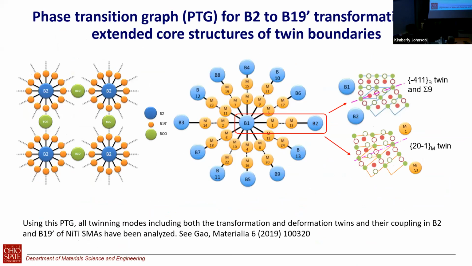I skip this one because originally you confine into one B2 family because of the crystallography. Because this is a BCO structure, you build a bridge, you can go to an infinite network. And then in between those bridges, there is a twin structure in martensite, and a twin structure in austenite.